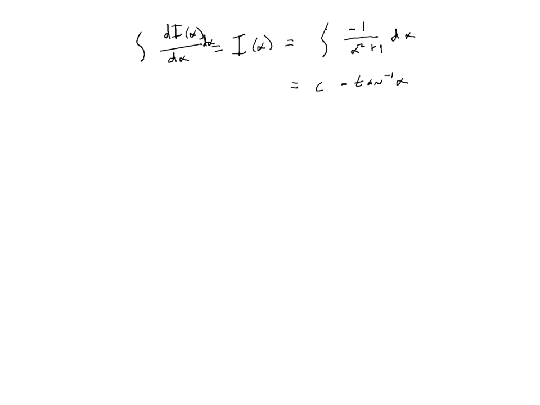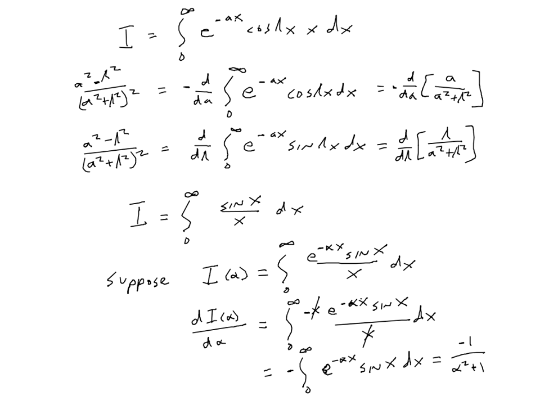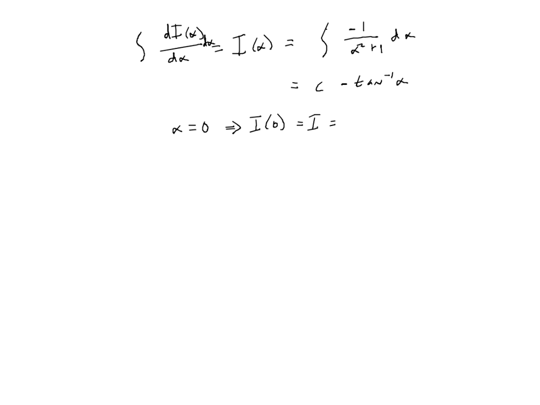I'm not done, because now I have to figure out, well, what's this constant? I want to make this thing a complete solution. And so what I know is that if we take alpha equal to 0, then I of 0 is going to be just I. And remember, in I, the alpha is going to be equal to 0.